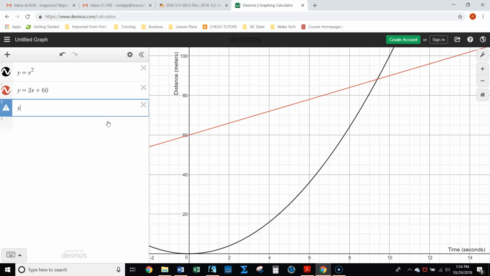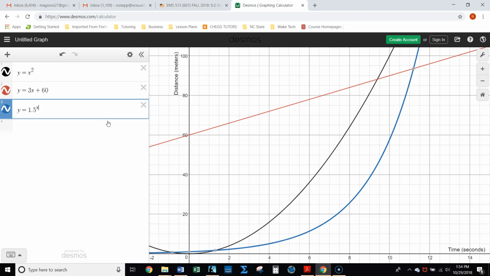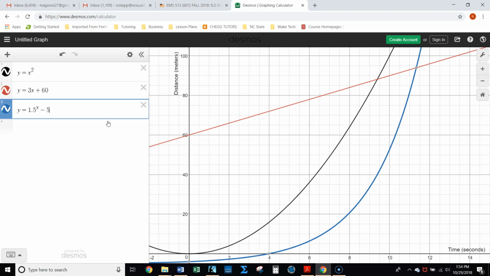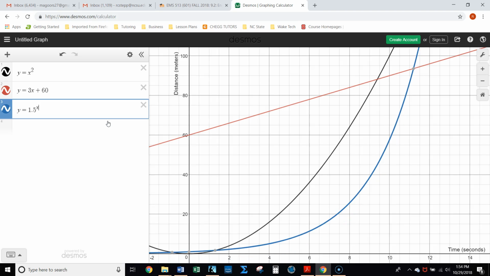The alligator was a little bit tougher. I came up with this formula. y equals 1.5 to the x minus 5 times, oh well, it went out of the exponent.